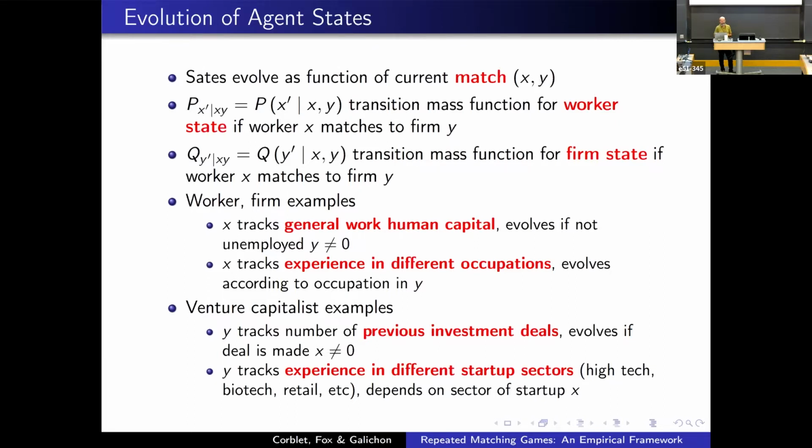For venture capitalists, Y could track the number of previous investment deals you've done, and it would evolve if you undertake a deal in the current period, or it could track the experience you have in different startup sectors, which would evolve only if you make a deal in that particular sector.